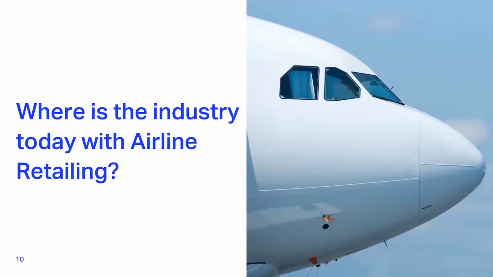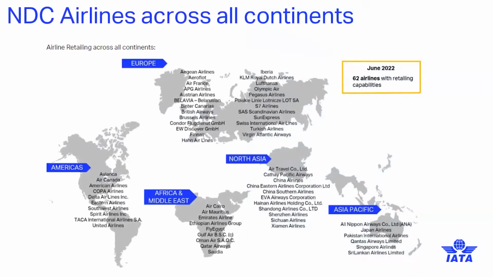Where is the industry today when it comes to airline retailing? We have seen that despite COVID, airlines, IT providers, and sellers all continued working on their retailing capabilities. And IATA is working very hard with industry partners to transform and make our industry more retail focused.